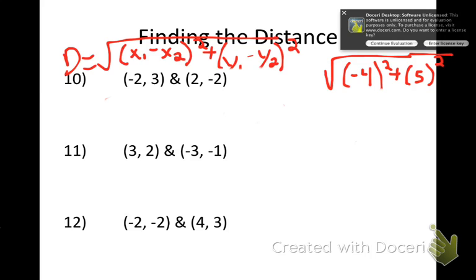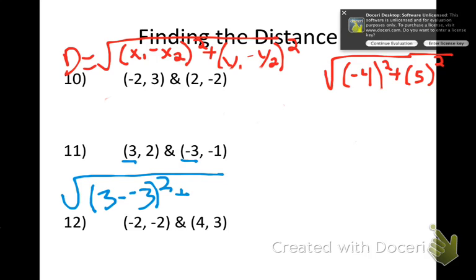What are my x values here, Caitlin? So I'm going to plug that in. I have the square root of 3 minus negative 3 squared plus, what are my y values, Jack? 2 minus a negative 1 squared.